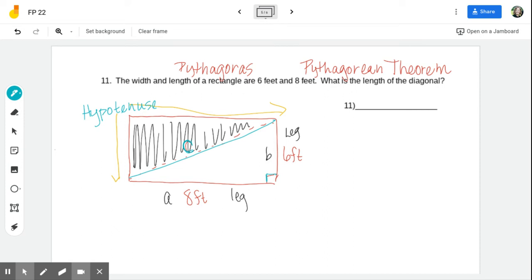A times A is A squared, and B times B is B squared. And what he figured out was this: A squared plus B squared is going to be equal to C squared, so the length of the hypotenuse squared. It's super cool. And let me just see if there's any other pictures that can help you see that.